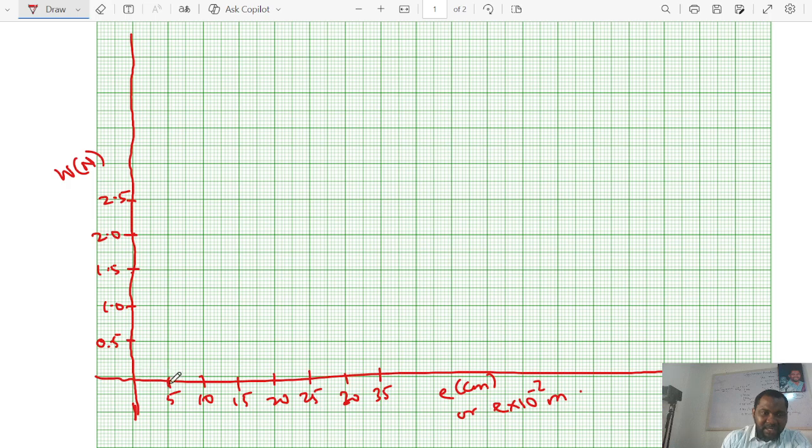We have 10 grid lines before 5. So here should be 2 centimeters represents 5 units on the x-axis. Then you can say 2 centimeters represents 0.5 units on the y-axis.